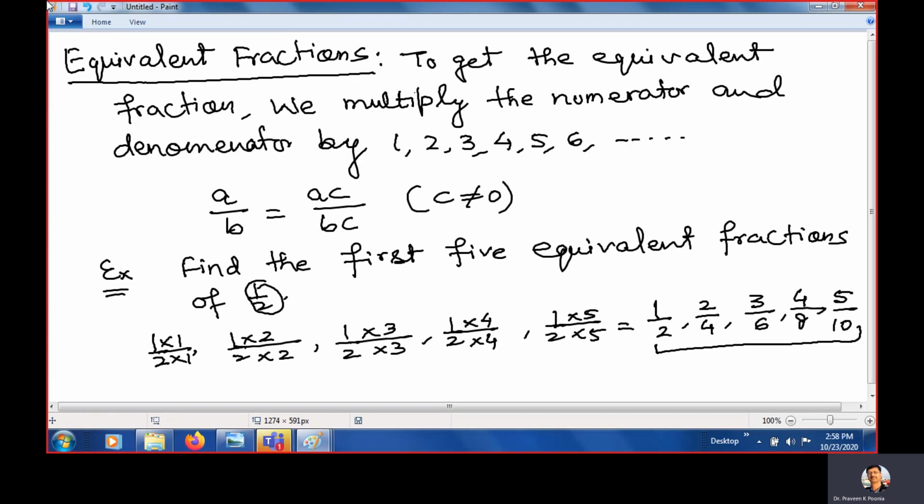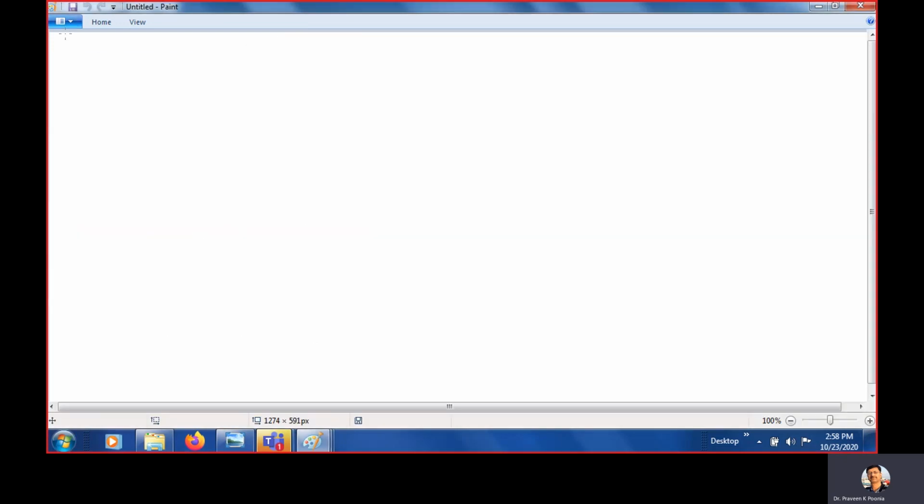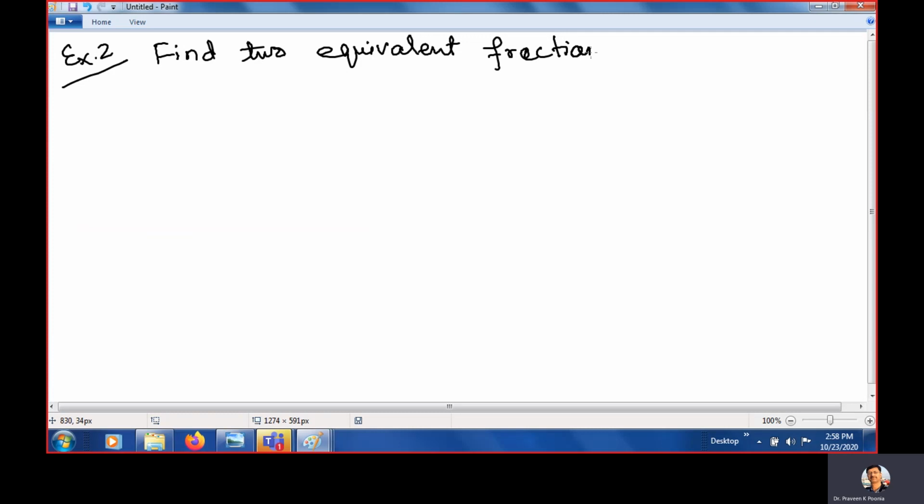We can take some more examples on equivalent fractions, like let us say example number 2. Find 2 equivalent fractions for, let us say, 5 upon 9.